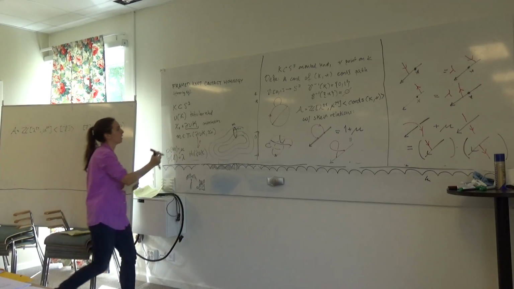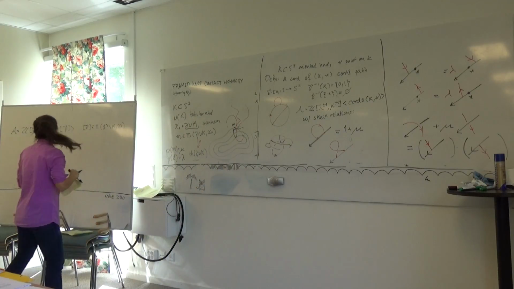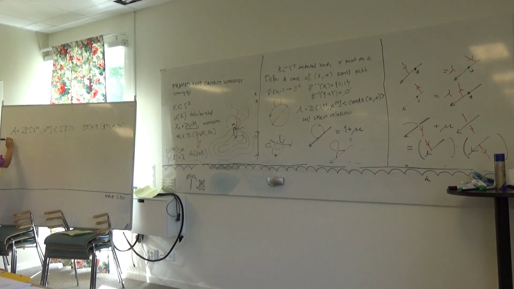So we're looking at any element here that could also wrap around. But in this algebra, if I concatenate loops, for instance, that's not necessarily the same as this. Just as a word of warning.